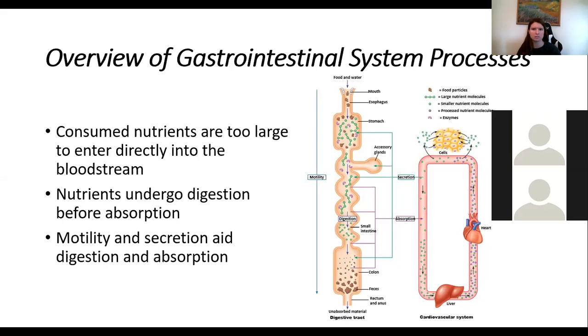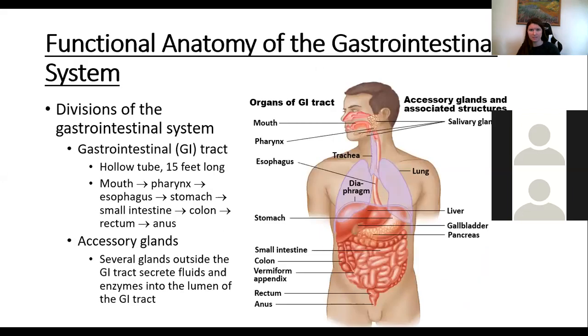So we're going to start out by talking about the different parts of the gastrointestinal system, but we're also going to end up talking about nerves and muscles and that movement as well. Not today though. Today we're just talking about pieces of the GI system and the cells.